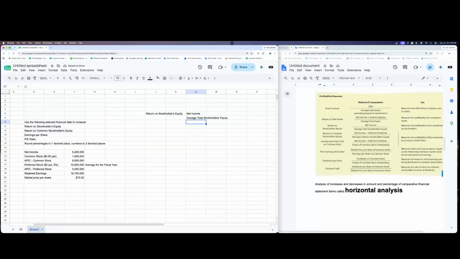Return on stockholders' equity: net income over average total stockholders' equity.